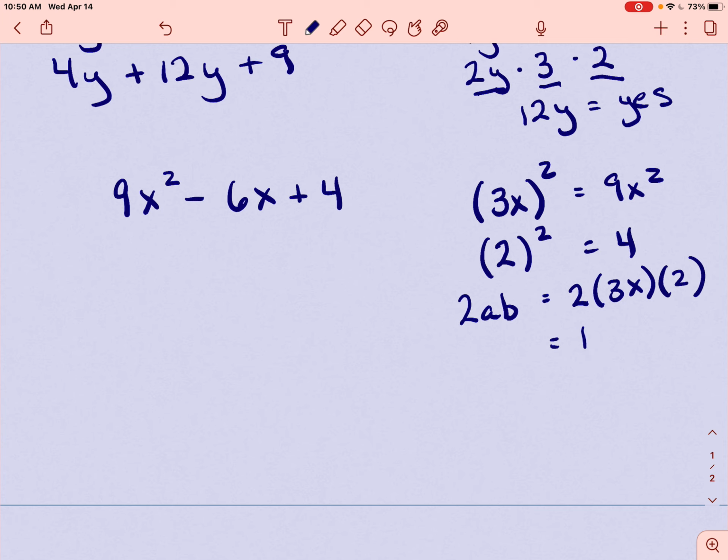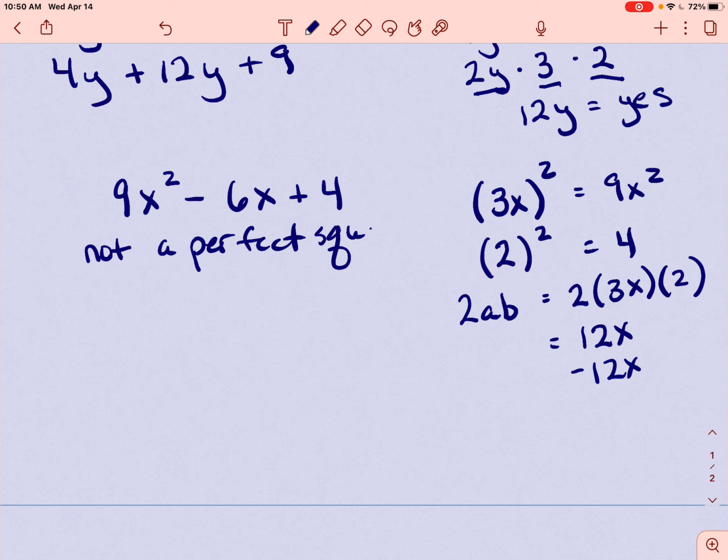I get 12x here, and negative 12x, even if I account for that negative, does not equal 6x. So this would not be a perfect square trinomial. I would need to factor this a different way if it is factorable at all.